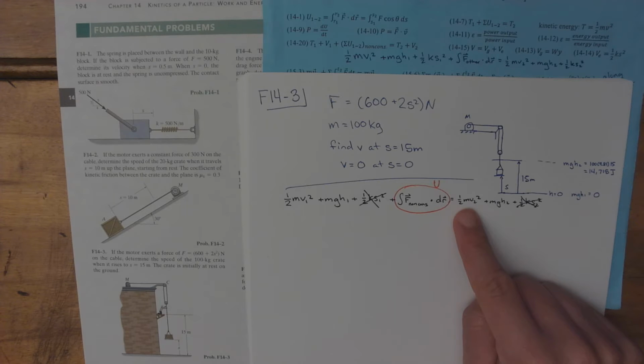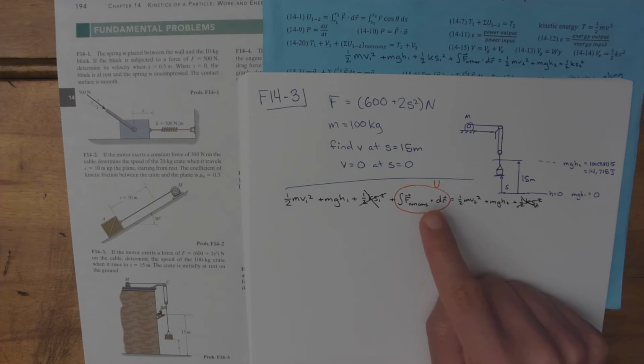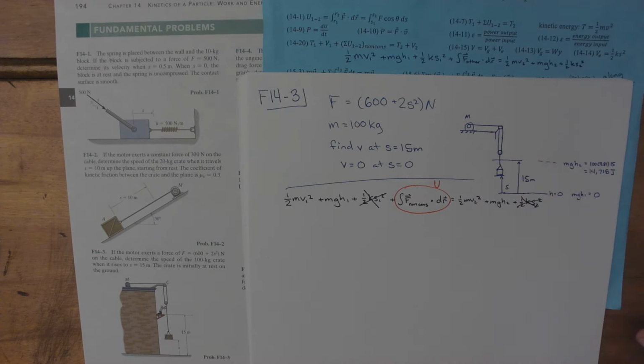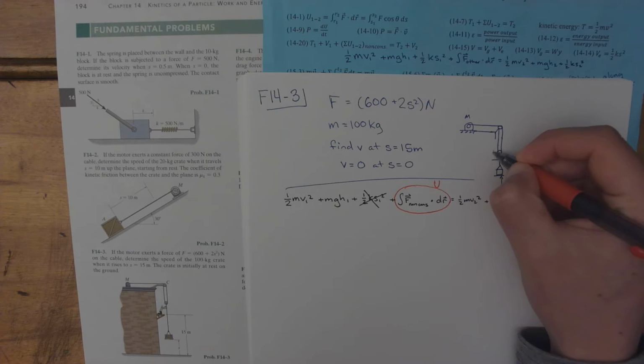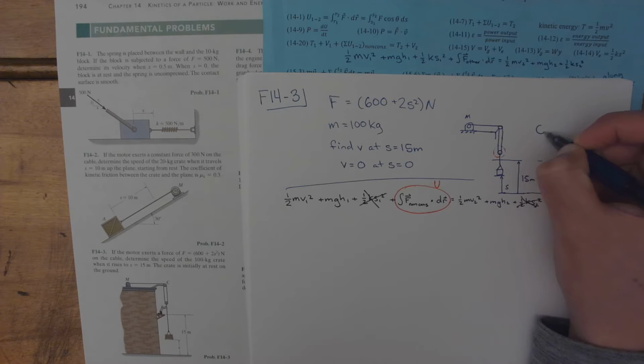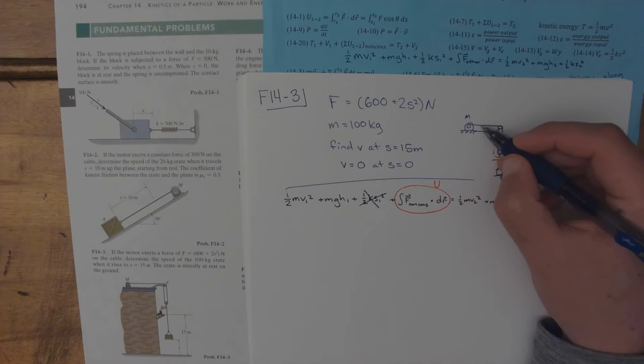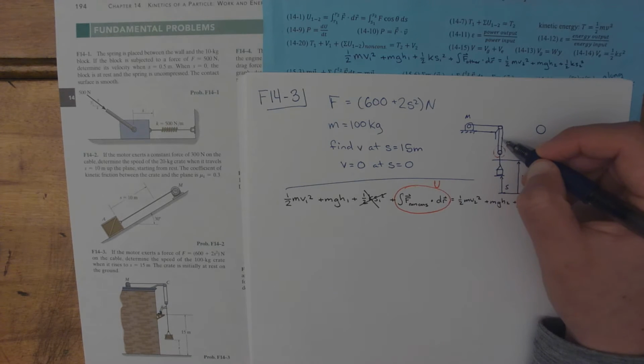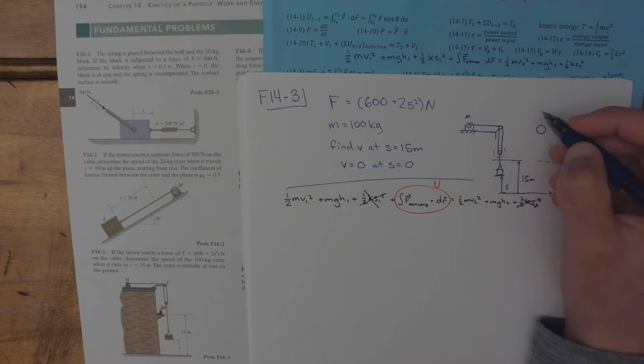So now we're going to look at what happens when you have a pulley. So if we look just at what we have here, and I'm going to enlarge this, we have the cable up here, and the tension in the cable, if we assume it's a massless cable, is going to be the same at any point on the cable.